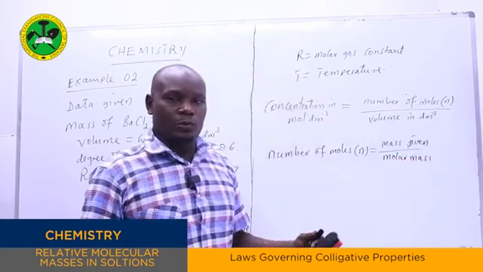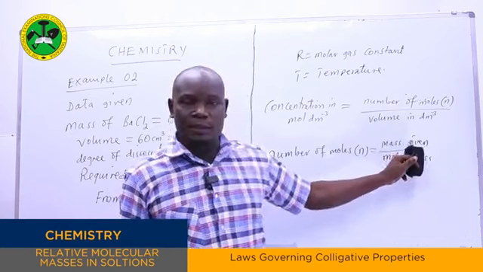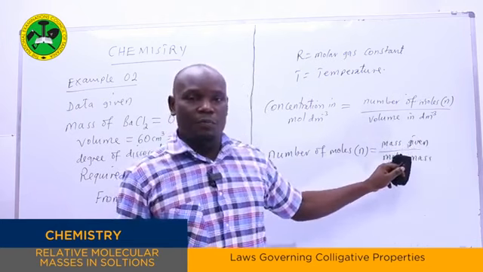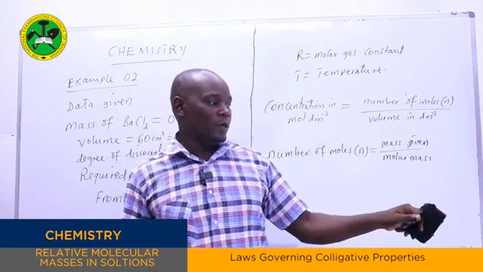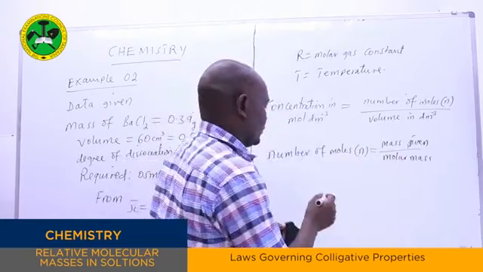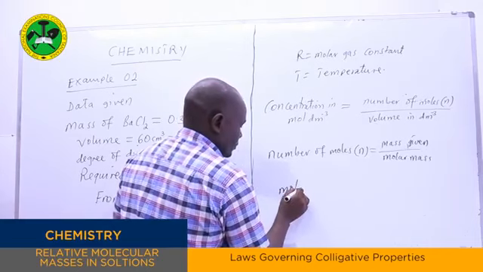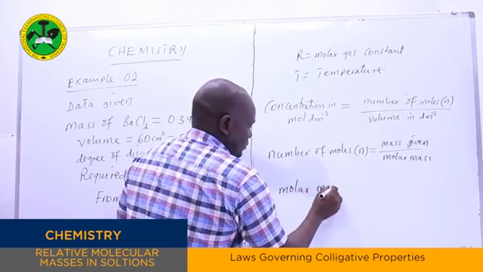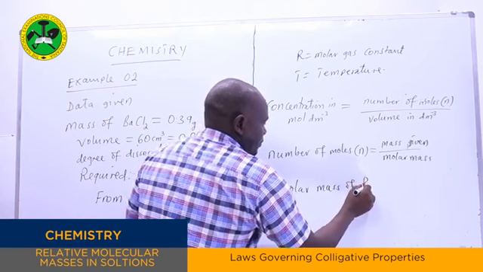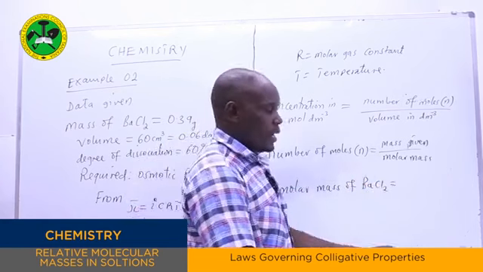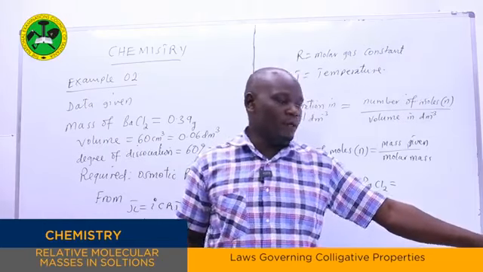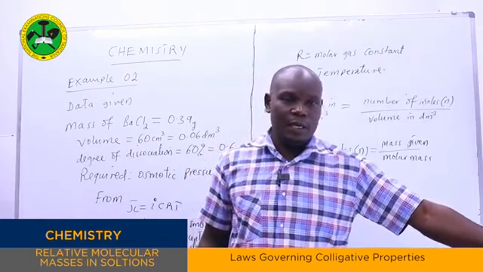So the number of moles, you just take the mass given and then you divide by molar mass. And the molar mass of our solution, which is barium chloride. Which is now barium is 137 and chlorine is 35.5.